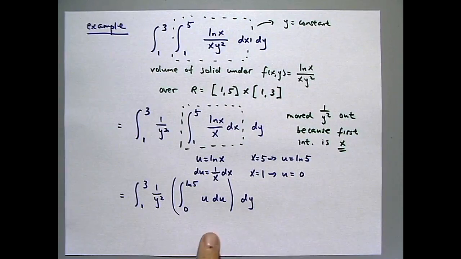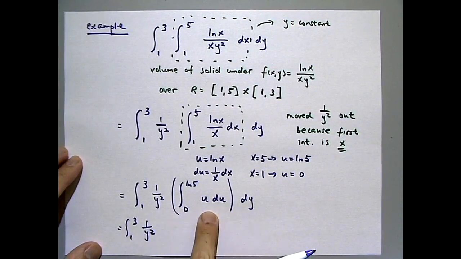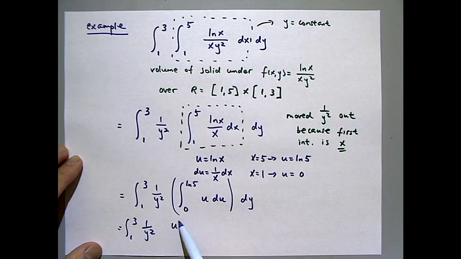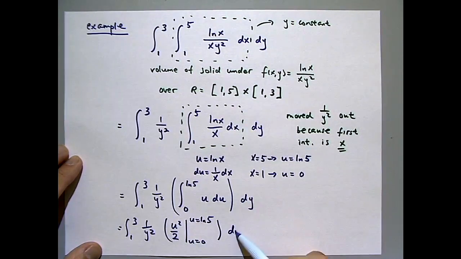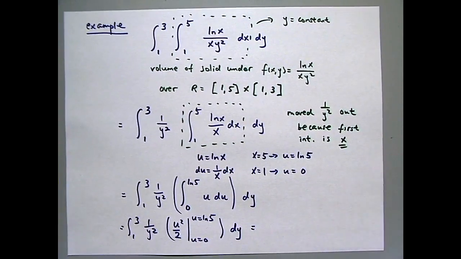Now we integrate that. 1 over y squared, and that's u squared over 2, with u equal to 0 and u equal to ln of 5 as the limits. When you do an iterated integral, write out exactly what you are substituting in.